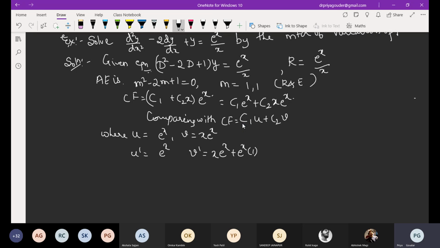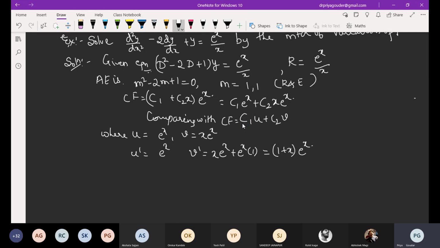UV rule. Keep x as it is, e raised to x is e raised to x; e raised to x as it is, derivative of x is 1. What is common? e raised to x. So you get 1 plus x into e raised to x as v dash.